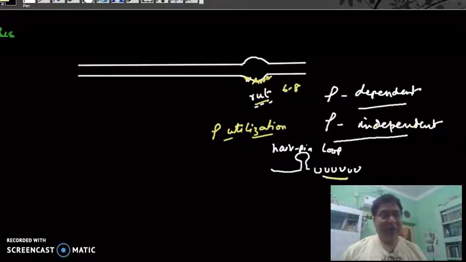So how will the termination take place? Termination will again be of two types on this basis, rho dependent and rho independent. Let us divide it into two types, and first discuss the rho independent process.